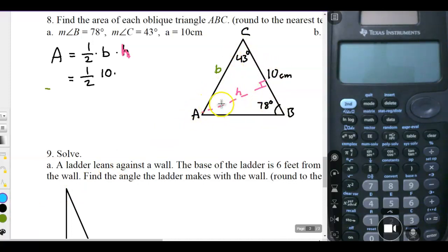So, yes, I have to do law of sines. I need to find out what this angle is, right? That way I have an angle A and a side A to work with in the law of sines. So I need to figure this out first. So let's do measure of angle A equals 180 minus 43 minus 78.